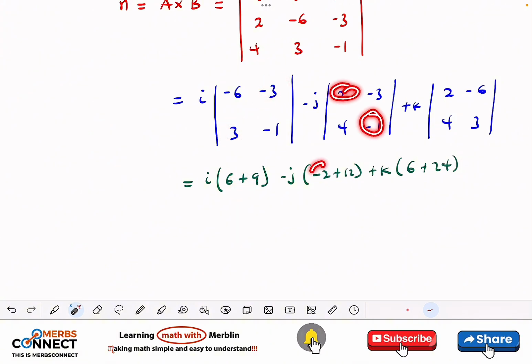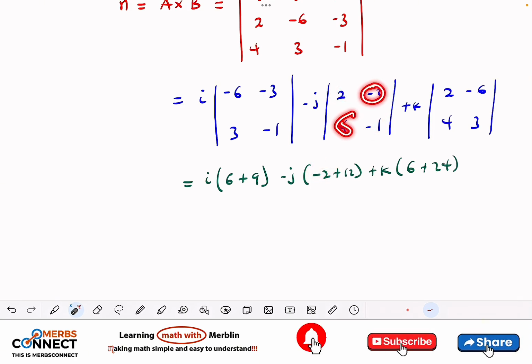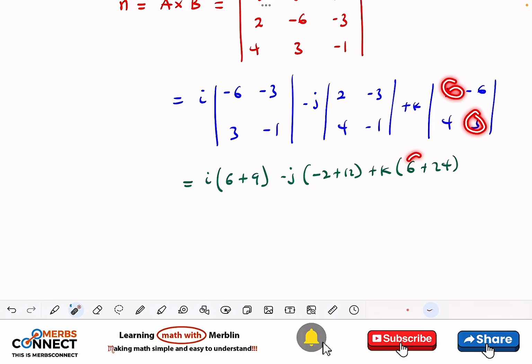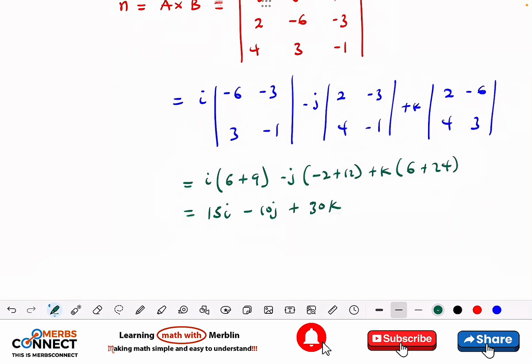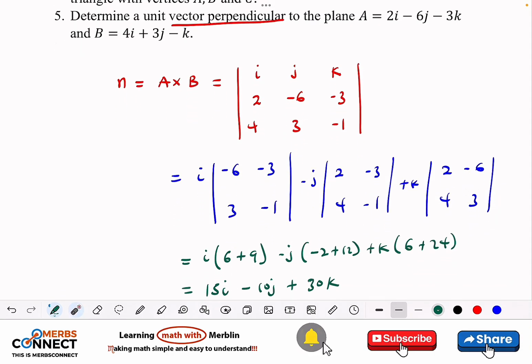This times this will be minus 12, minus minus will be positive. This and this will be 6, and 6 times 4 is 24, minus minus will give us positive. So we are going to have 15i minus 10j plus 30k. So we're able to find this.